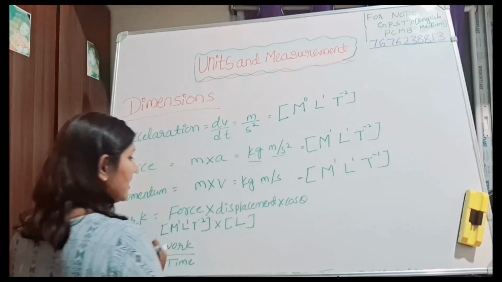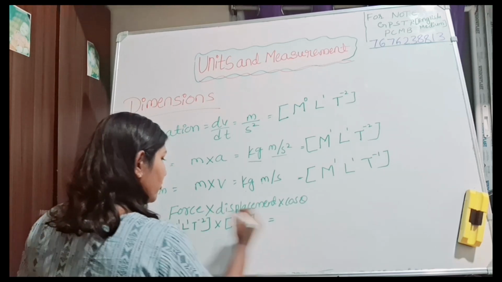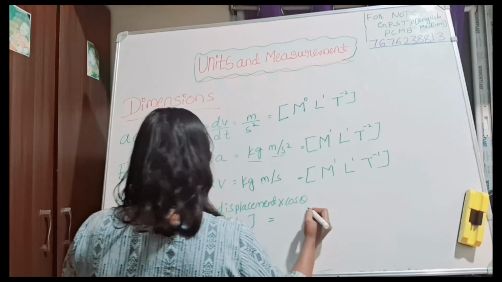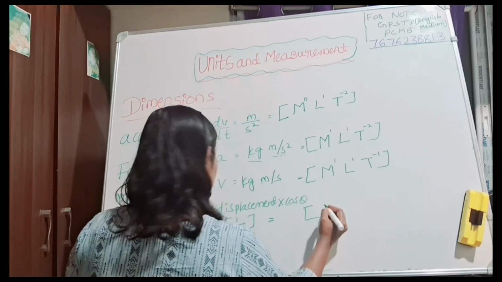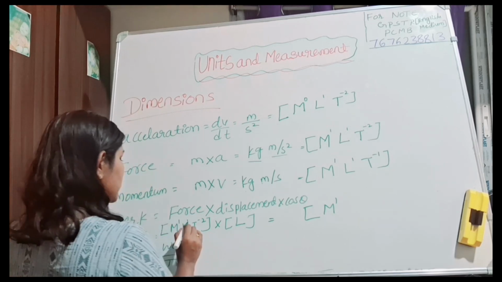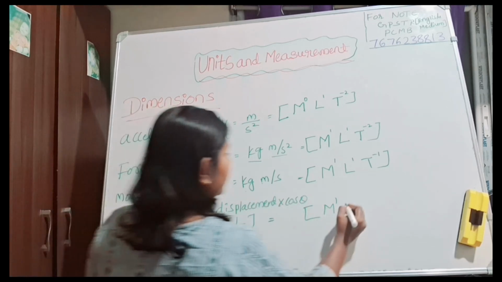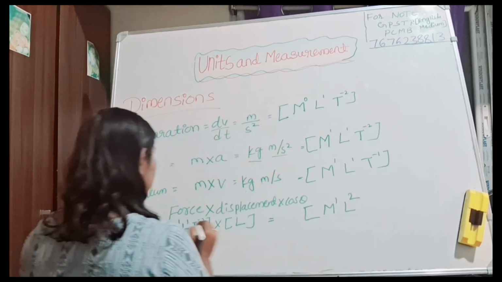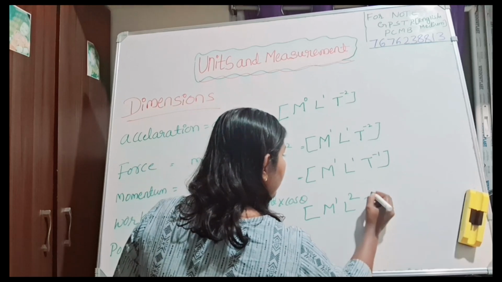So overall, M raised to 1, and here it is 1L and here it is 1L, so L square, and T to the power of minus 2.